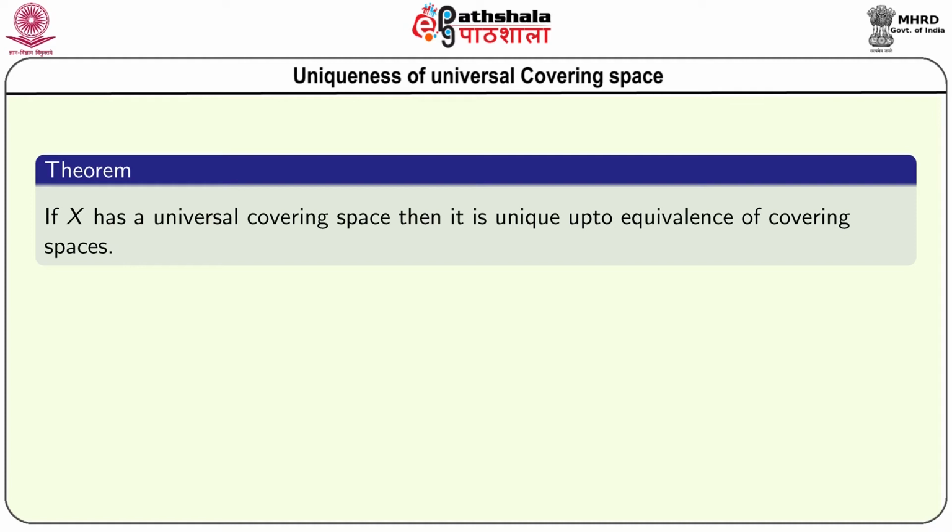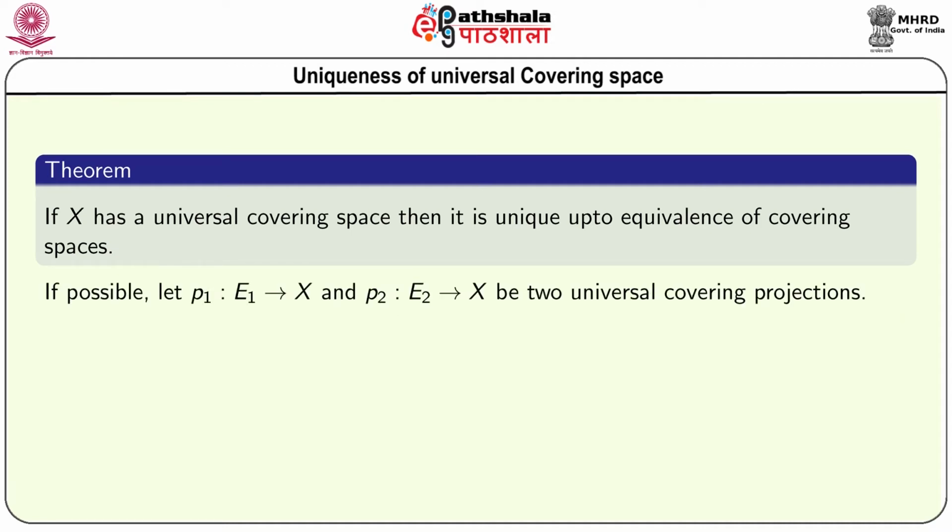Now, this theorem says that if X has a universal covering space, then that must be unique up to equivalence of covering spaces. If possible, let us take two universal covering projections. One is P1 from E1 to x and the other one is P2 from E2 to x.